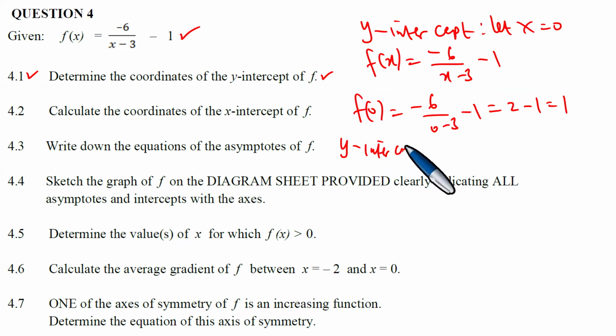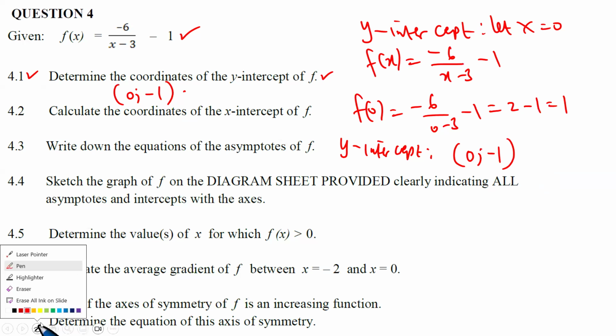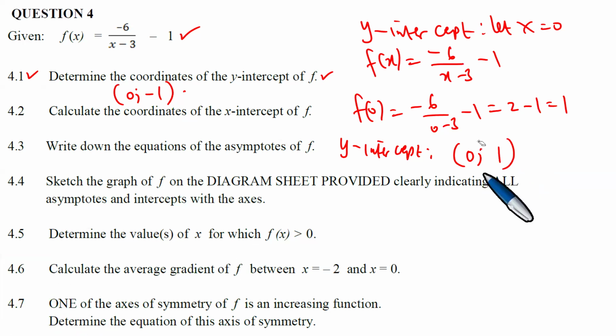So you have x is 0 and y is 1. Obviously here we have the 2 minus 1, which is a 1. So it's a plus 1. So in other words, the coordinates of the y-intercept are 0 and 1.